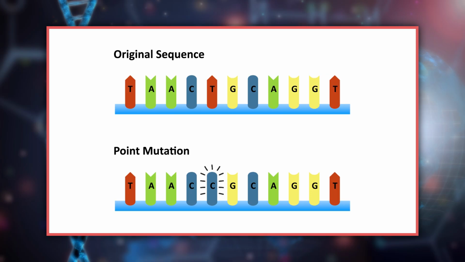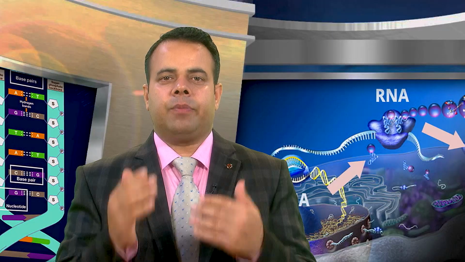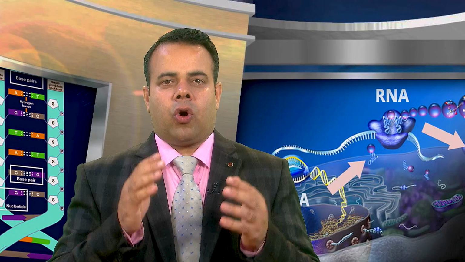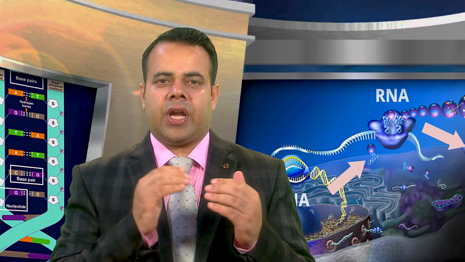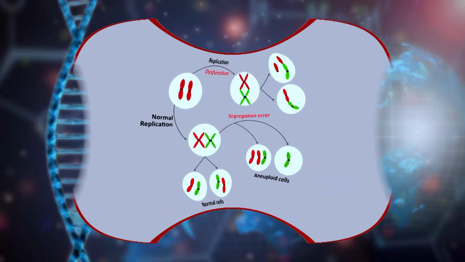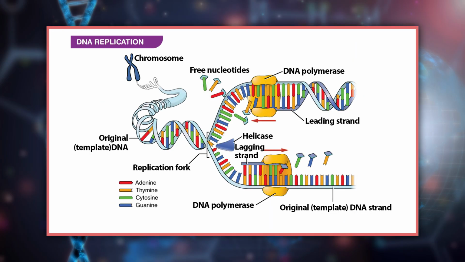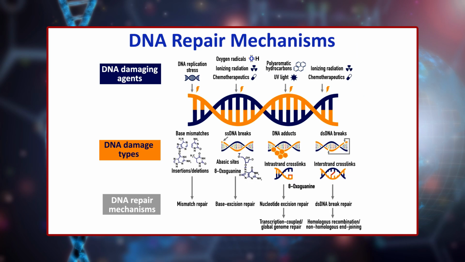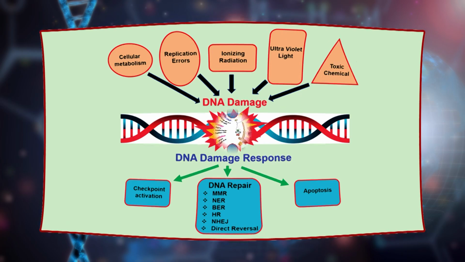Mutation is a process which produces altered DNA sequences. It may be induced by radiations and chemical mutagens in the environment or insult from endogenous reactive oxygen species, that's ROS, or occur spontaneously due to endogenous factors like errors in chromosome segregation, recombination, DNA replication, and repair mechanisms, and also spontaneous chemical damage to the DNA.